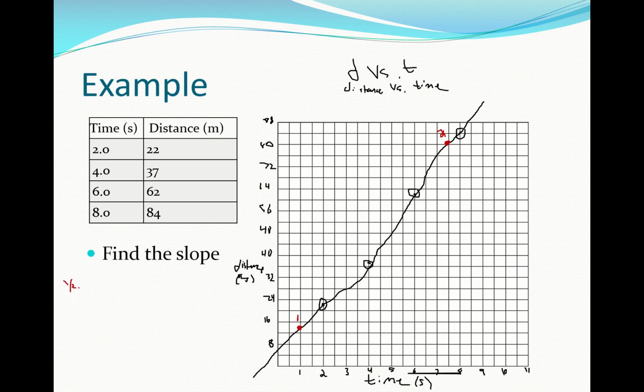So then I'm going to use y2 minus y1 over x2 minus x1. And that's how I found my slope, which is m. So y2 is 80. Put the units, which is meters. y1, so this is 8, this is 12, and this is halfway, so this is 14 meters. And then x2 is 7.5.